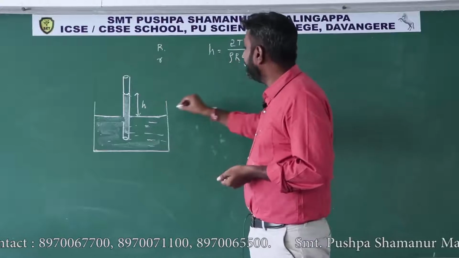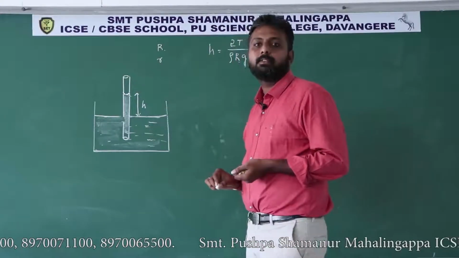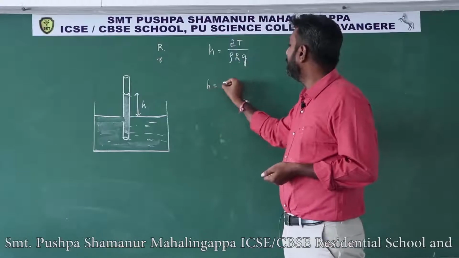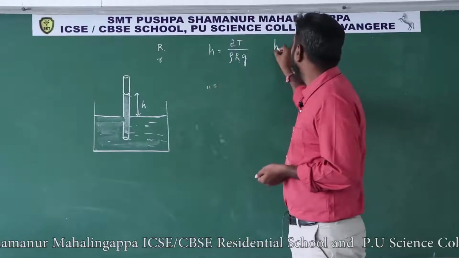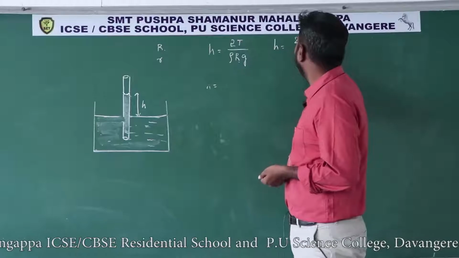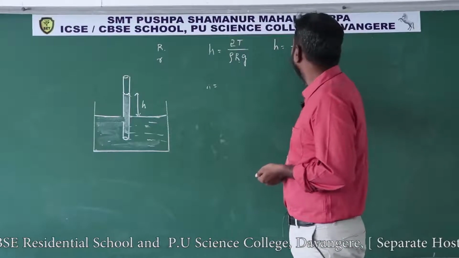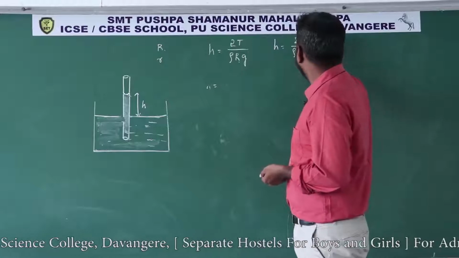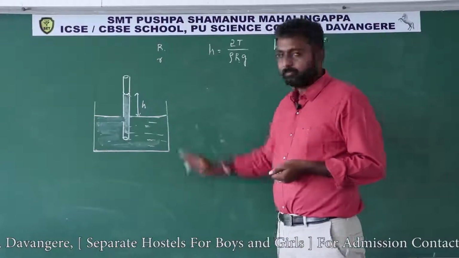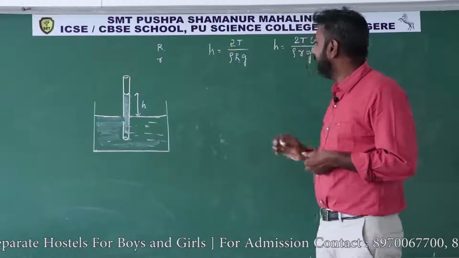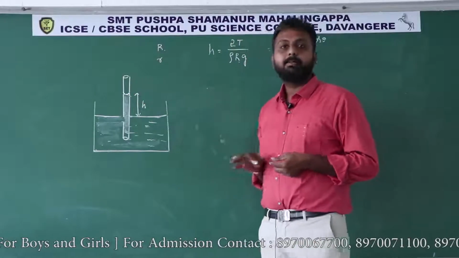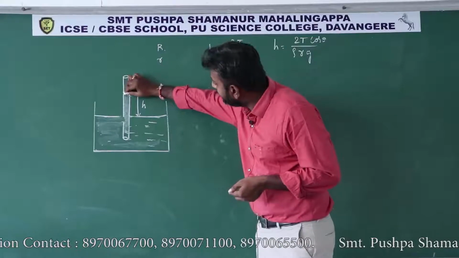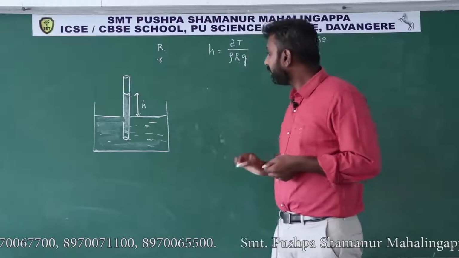This is in terms of the radius of curvature of the curved surface. And one more formula we came to know, that is H equals 2T cos theta divided by rho r g. This formula is in terms of the radius of the capillary tube, and the other formula is in terms of the radius of the curved surface, right.